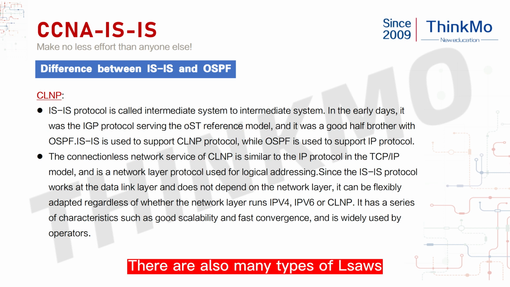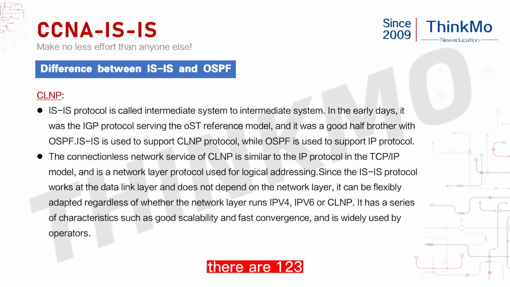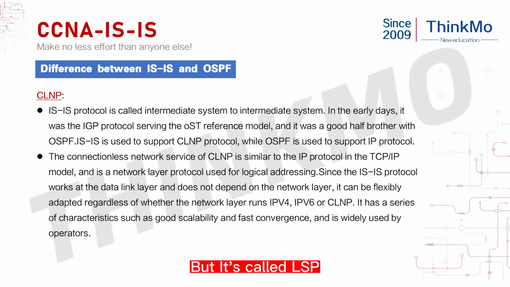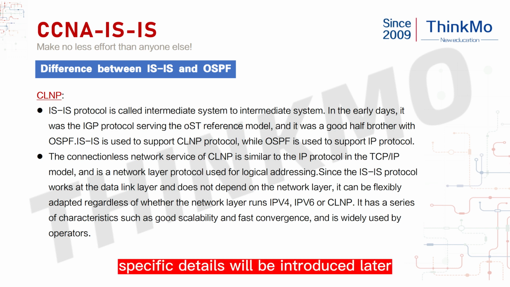There are also many types of LSAs. In the IP stage you learned there are seven types of LSAs. There are only two types in ISIS, but they're called LSPs. Specific details will be introduced later.